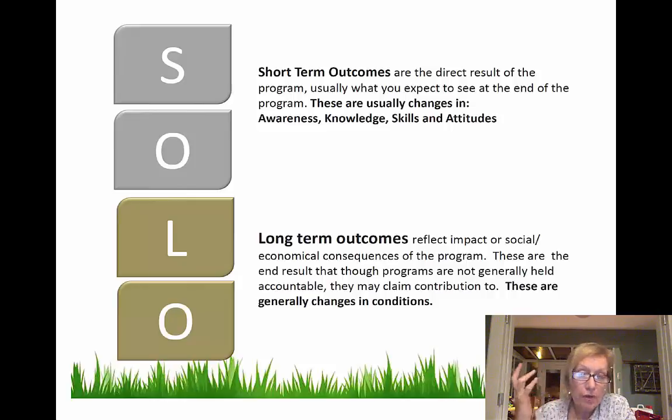The long-term outcomes reflect the impact or the social economic consequences of the program, and these are the end result. Though the programs are not generally held accountable, they may claim that they've contributed to these end results. And these are generally changes in conditions, such as a decreasing number of children going into foster care.